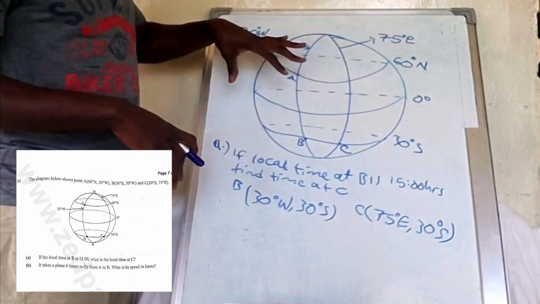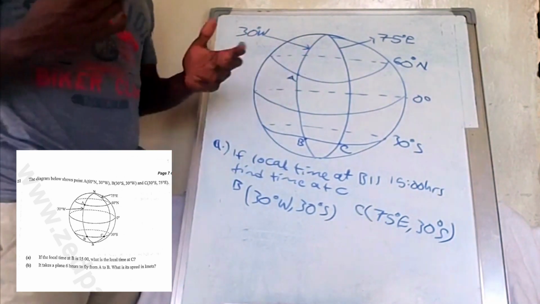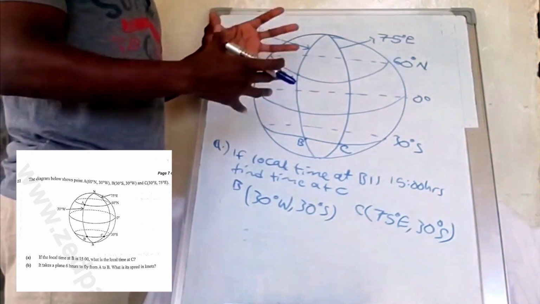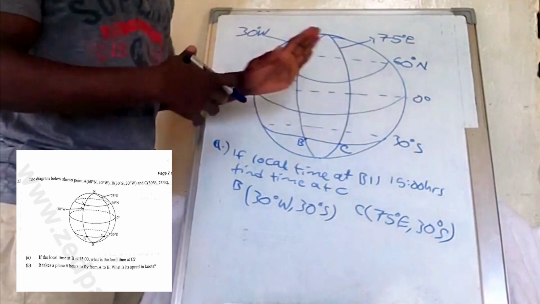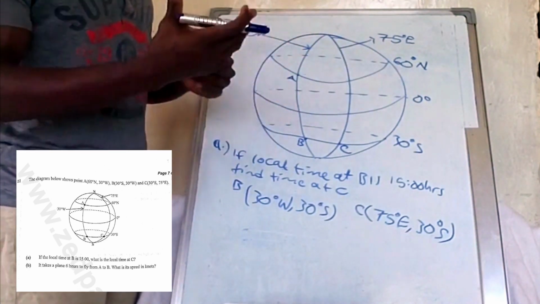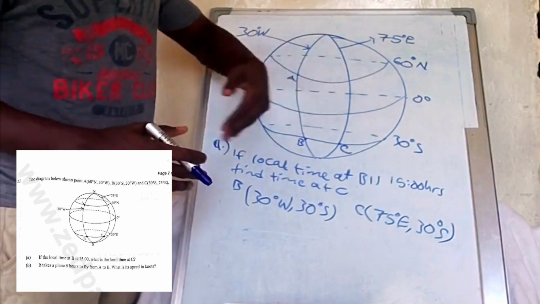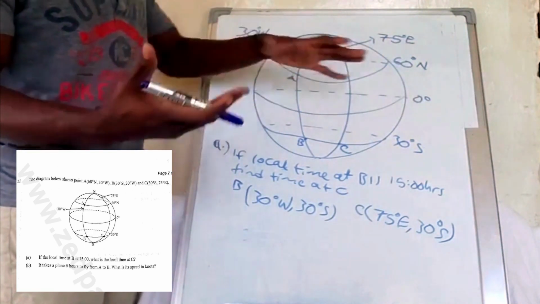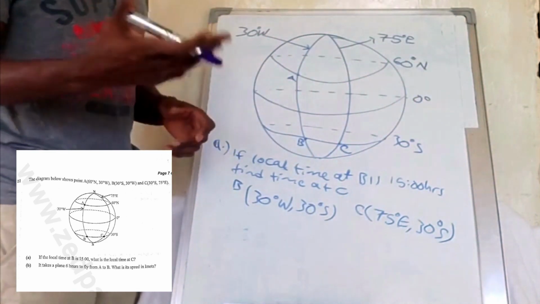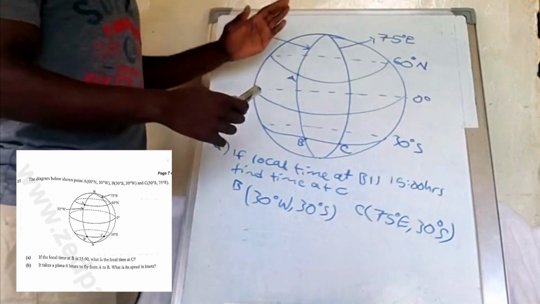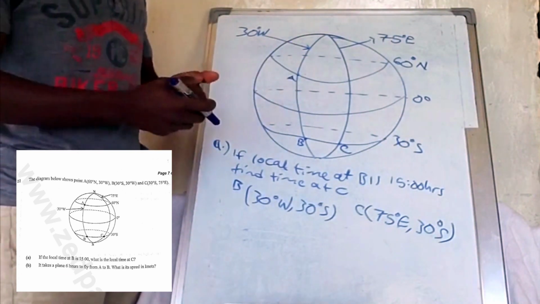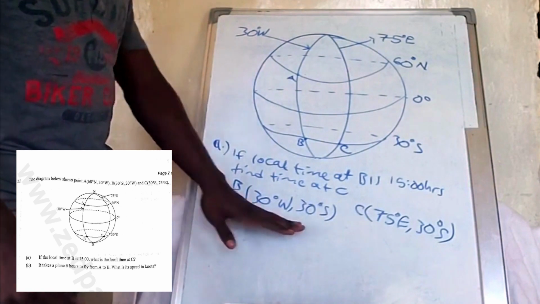And when we've got 2 locations lying in different hemispheres, let's say east and west, to find the difference in longitude between the 2 points we need to add. If they're both in the same hemisphere, we need to subtract to get the difference in longitudes. So different hemispheres, we add. Same hemispheres, we subtract.